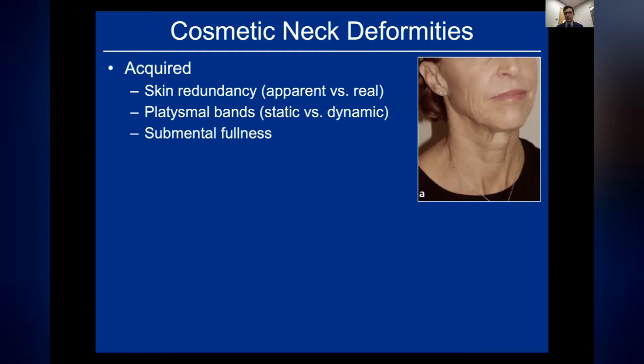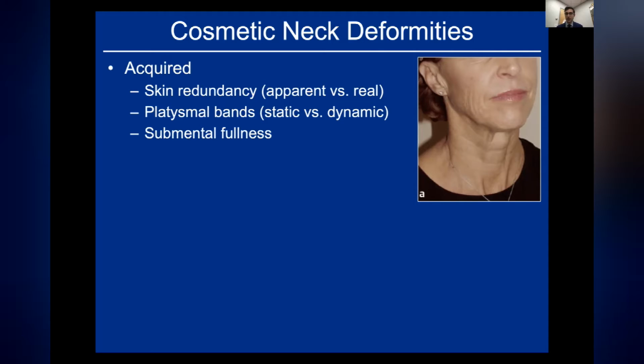Apparent being defined as visually appearing to be excess skin, but upon recontouring the deeper layers does not end up with excess, versus real, in which it does lead to excess of skin that cannot be smoothly redraped on the deeper structures of the neck after recontouring.